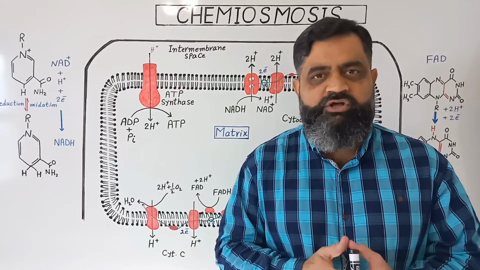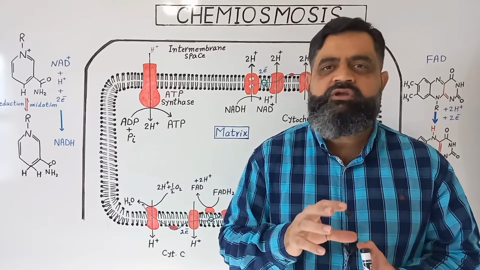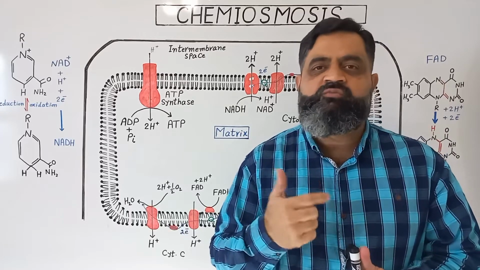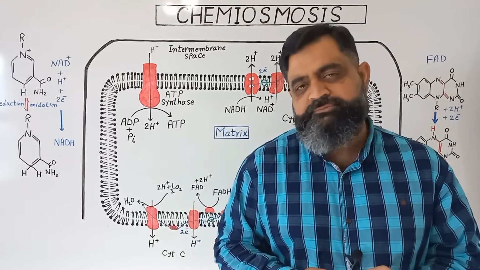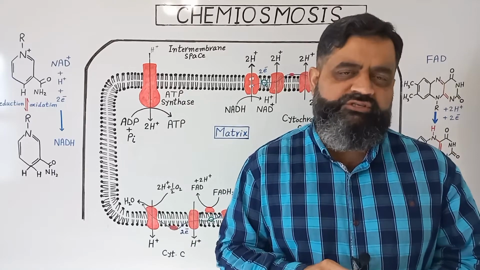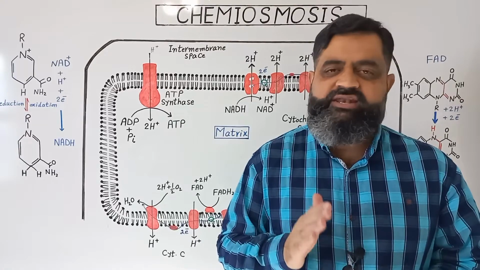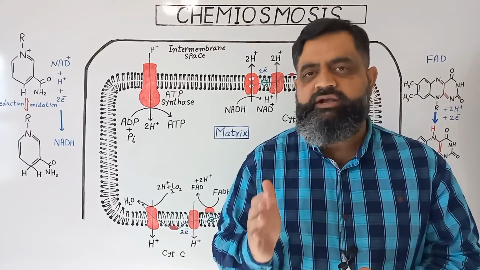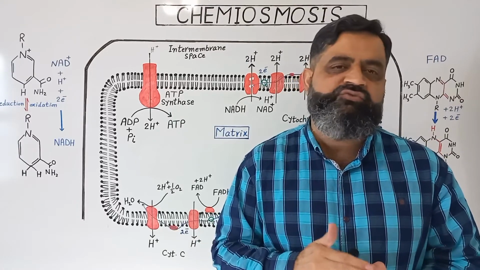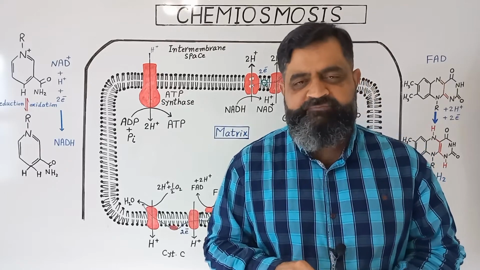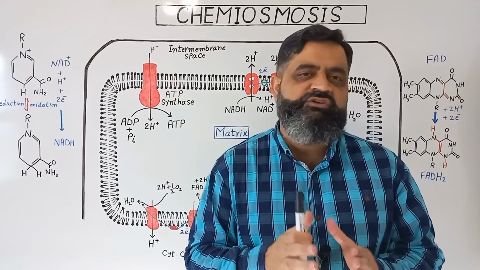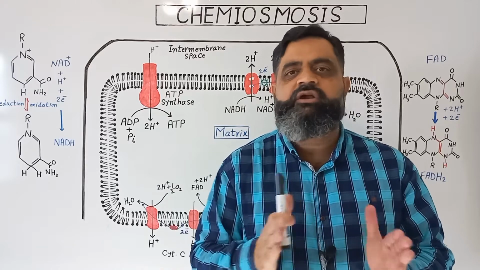A total of 36 molecules of ATP are generated from 1 mole of glucose. During this process, two other molecules are also generated: NADH, nicotinamide adenine dinucleotide, and FADH2, flavin adenine dinucleotide. These are also high energy molecules which are used in the electron transport chain.